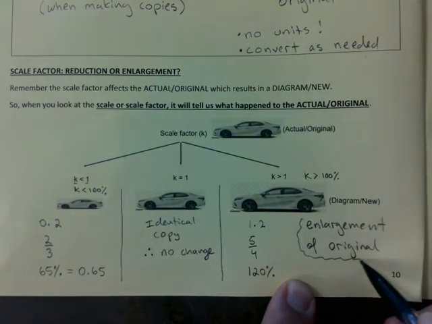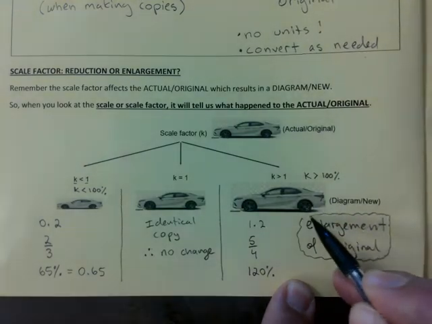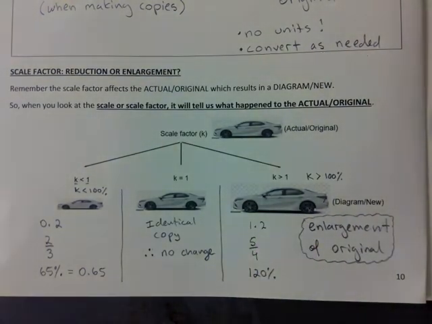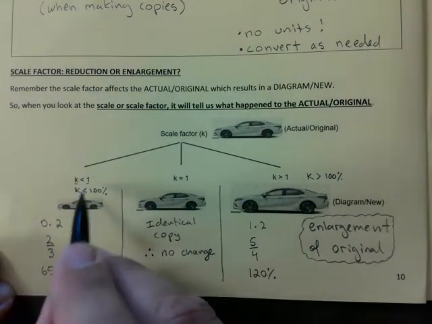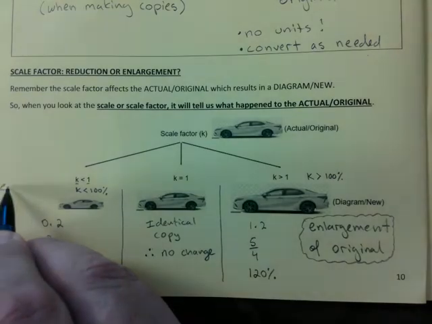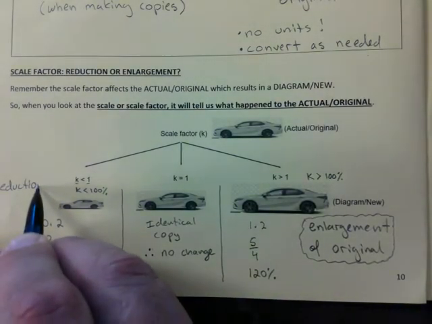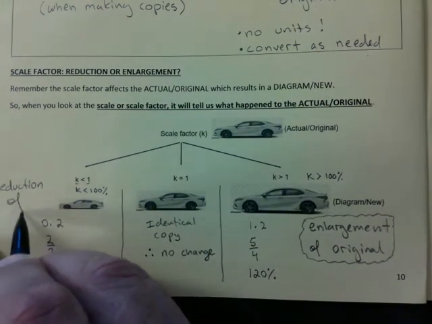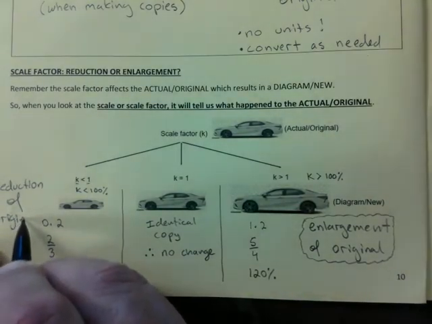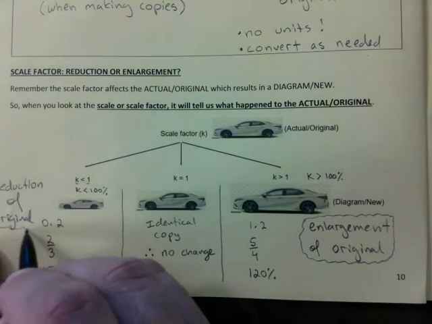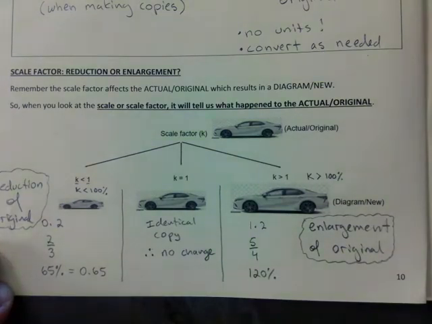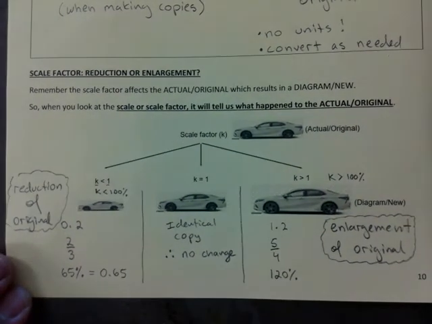So we can put this in kind of like a little cloud, right? If you see that k is bigger than 1, then you know that the original has been increased in size. If it's less than 1, then it's a reduction. Oops, sorry, can't see that, can you?